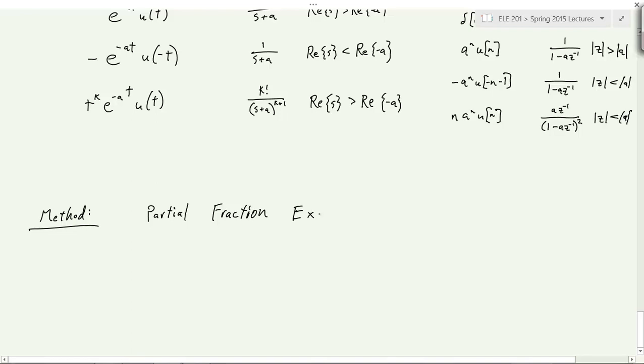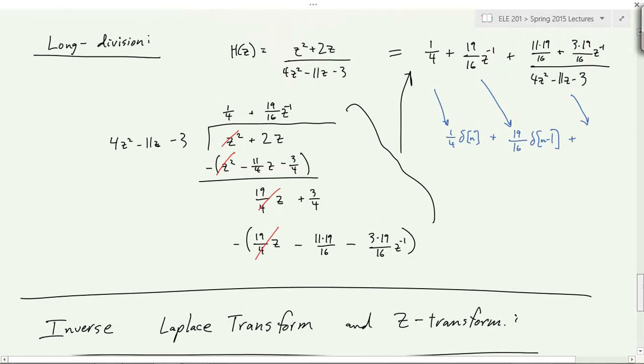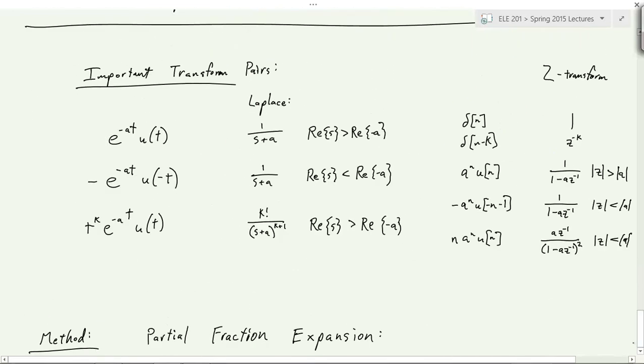So in other words, you would take your Laplace or your Z transform, like we could take the one up above that I have right here.